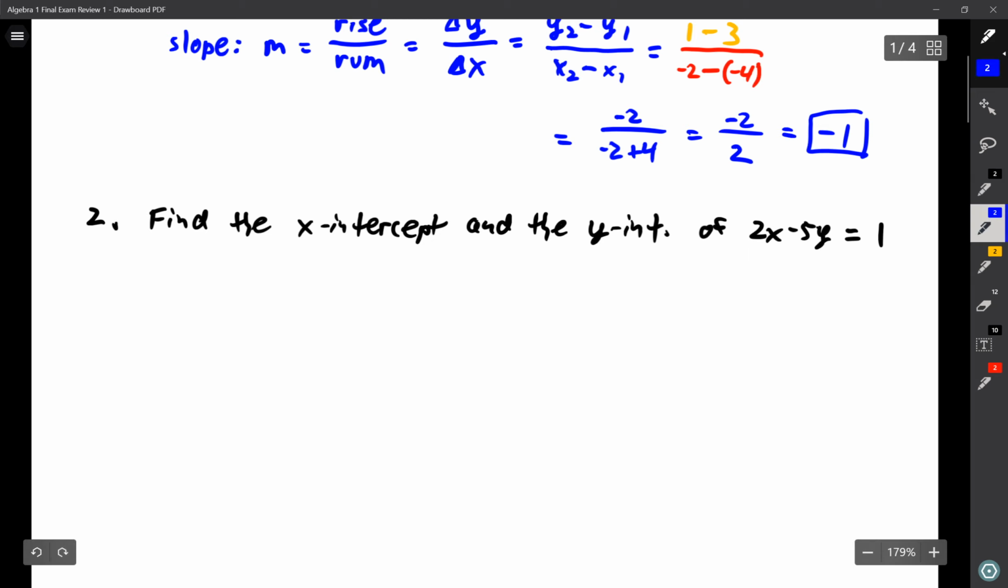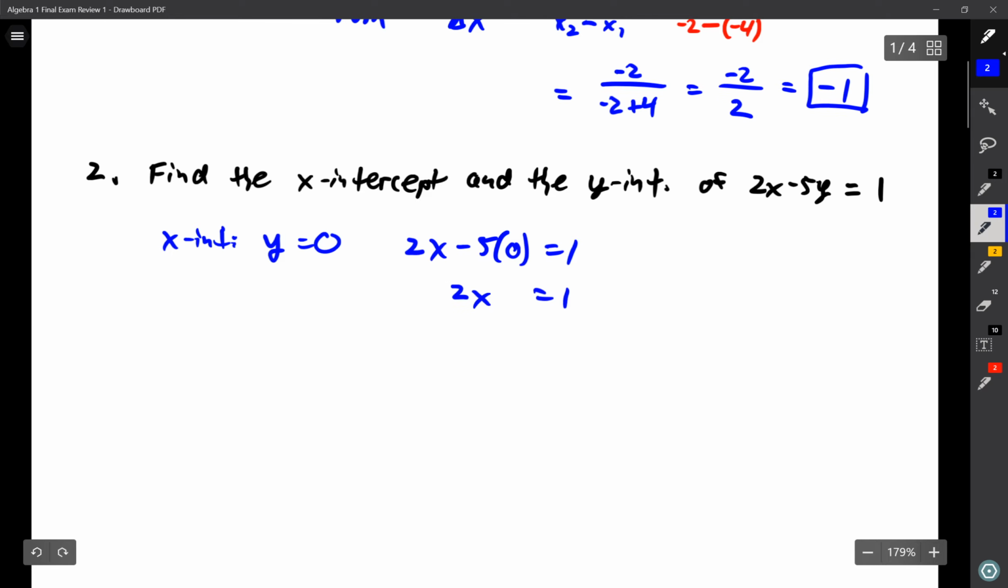So I could put here, x-intercept. For the x-intercept, y equals 0. So we plug 0 in for y to get the x-intercept. So we get 2x minus 5 times 0 equals 1, which means 2x equals 1, which means x equals 1/2.